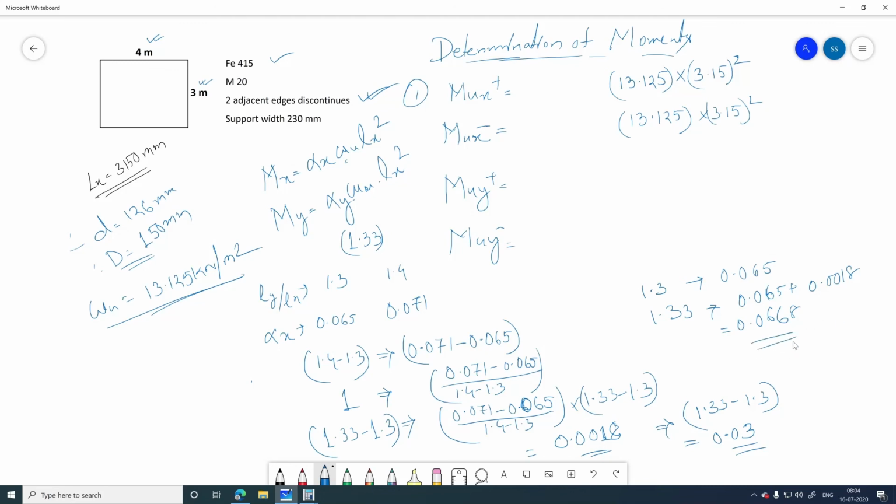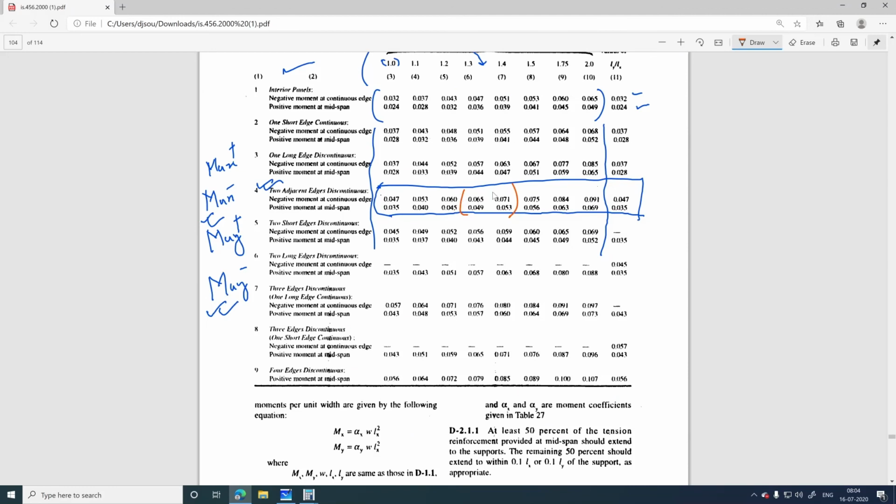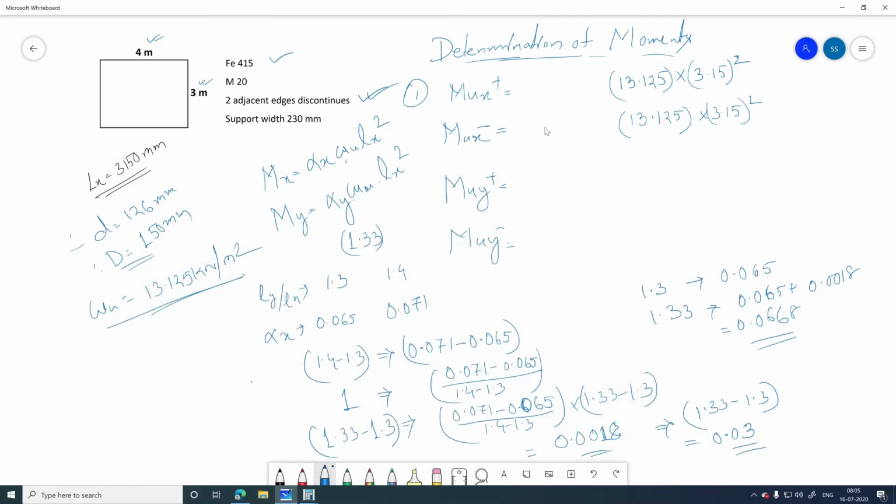Okay, so in this way, by interpolation, you can determine the corresponding value for the Ly by Lx ratio. Now we just need to put this value, because this is for the negative moment. Yes, this is for the negative moment, right? And the bottom one is for the positive one. So for this negative moment, we will consider this coefficient: 0.0668, okay, this is the value of alpha.